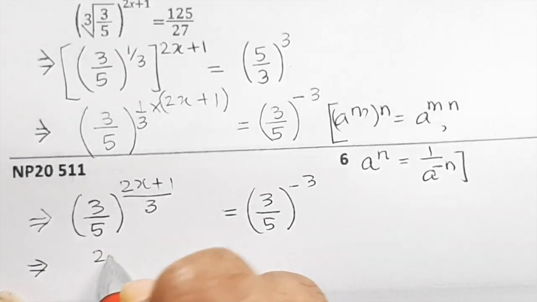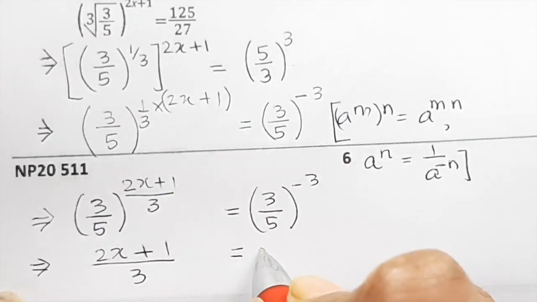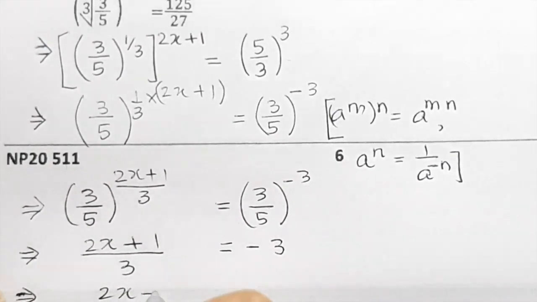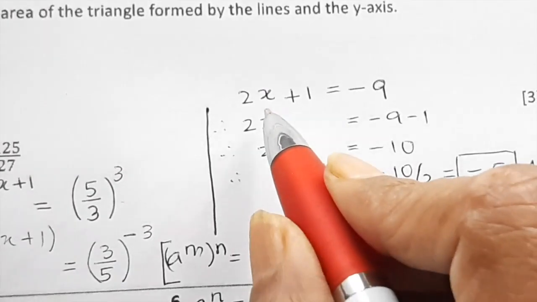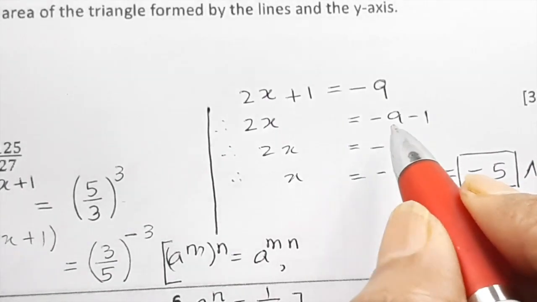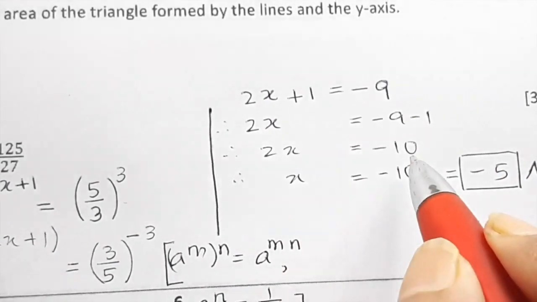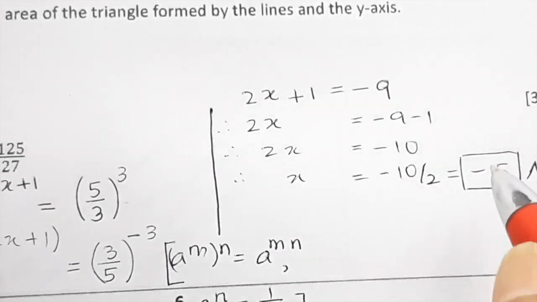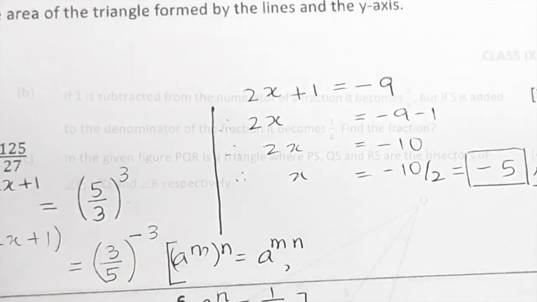So that will give us (2x plus 1) upon 3 is equal to minus 3. That gives us 2x plus 1 equal to minus 9. So we have now 2x is equal to minus 9 minus 1, that is 2x equal to minus 10. That gives us x equal to minus 10 upon 2, which is minus 5, and that is our answer.